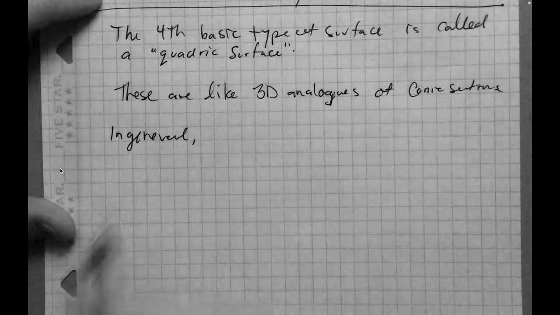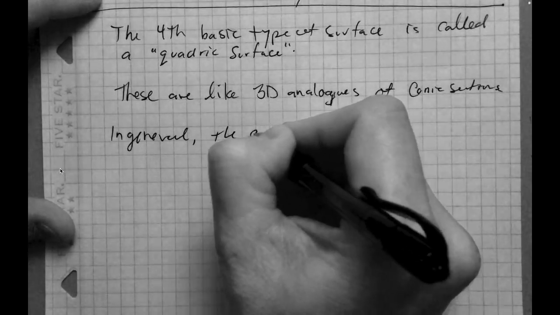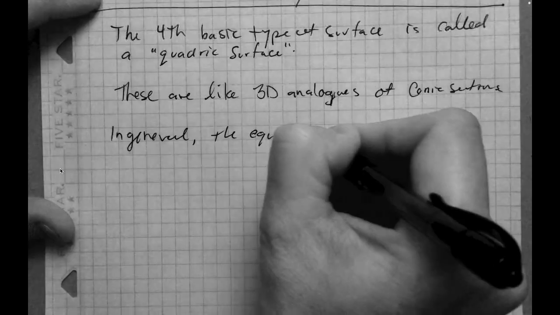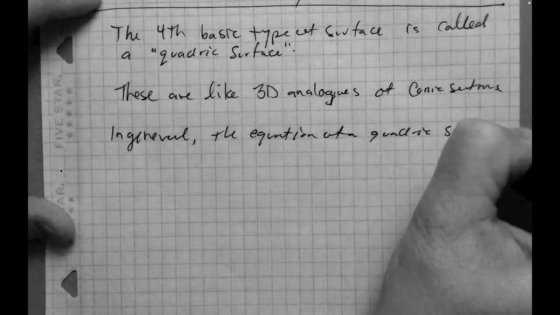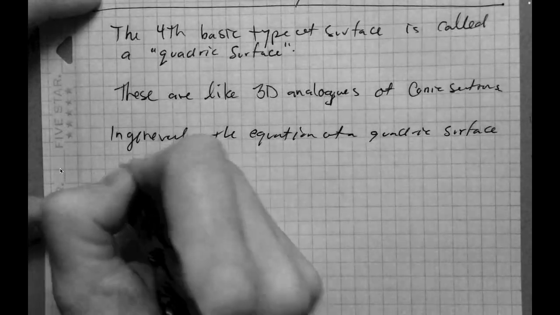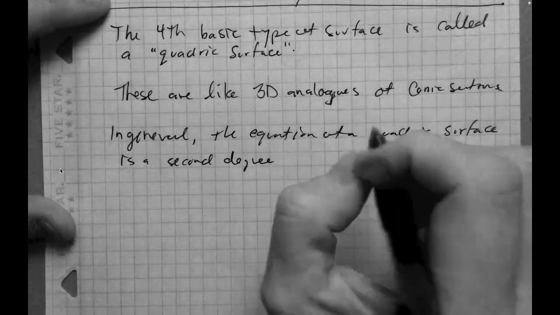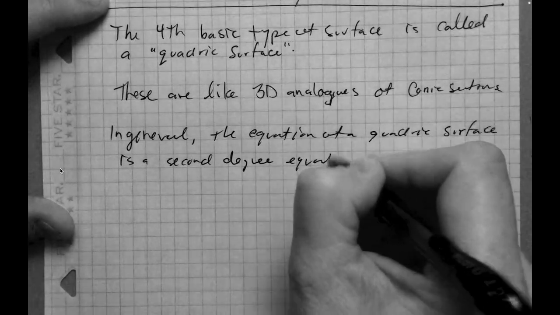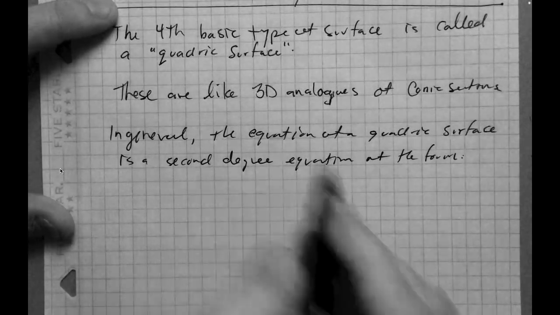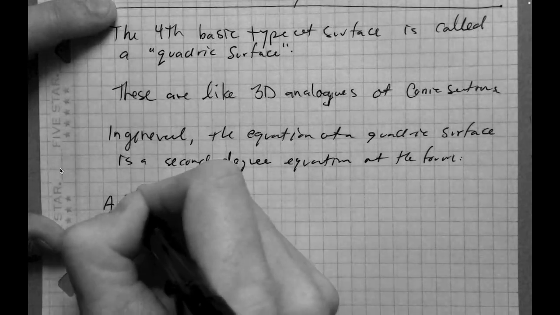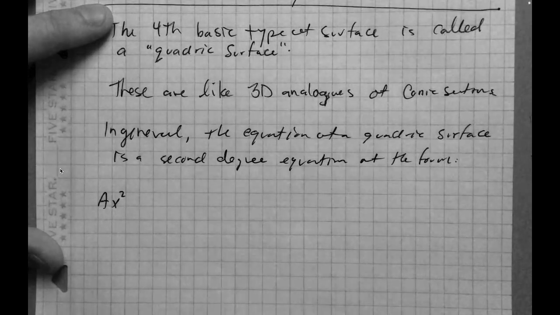Okay, so in general, the equation of a quadric surface is a second degree equation of the form. This is going to seem ridiculous, but they don't always look like this. They're not always this long, but they could have any of these terms.